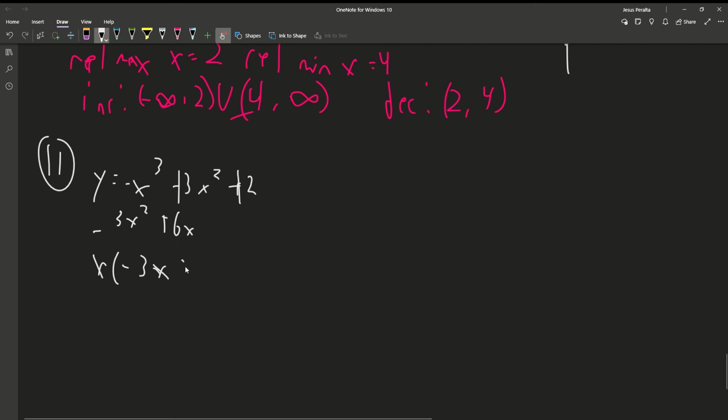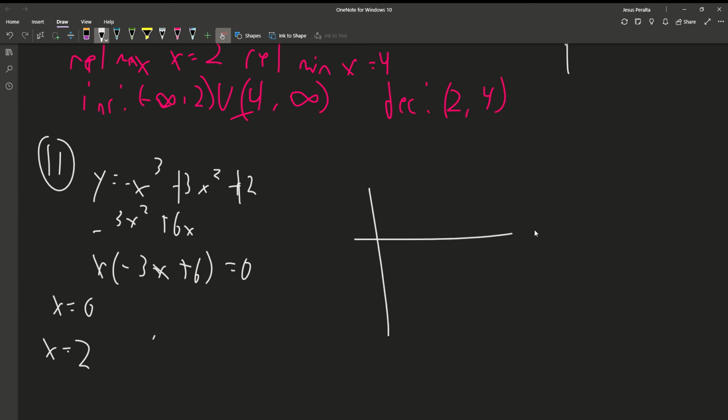So then negative 3x squared plus 6x is equal to 0. Or you can divide everything by negative 3x. But x would be equal to 0, and x would be equal to 2, if I'm not mistaken. Yes, it would be 2. So those are critical numbers.